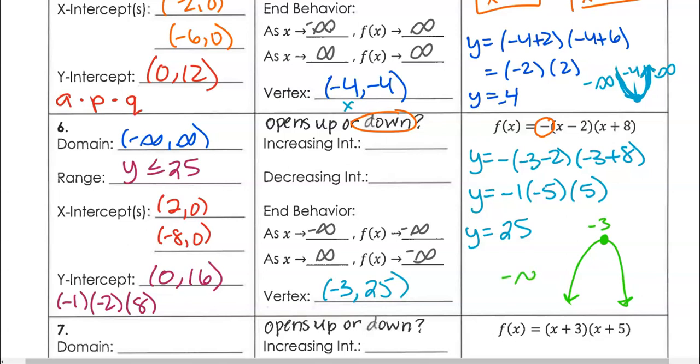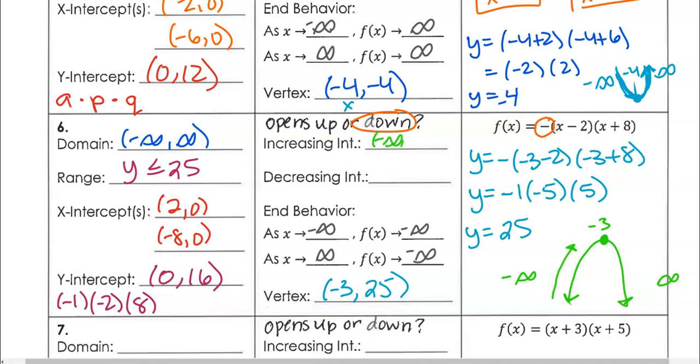We start from negative infinity. We change direction at negative 3, and then we continue to walk over to positive infinity, right? We're walking across the x's. In this first half, between negative infinity and negative 3, are my y values increasing or decreasing? We are increasing. I am climbing up.